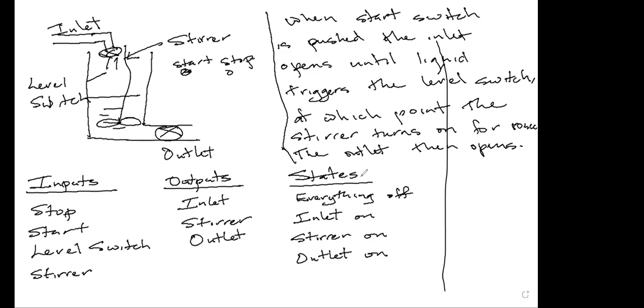And this part here, what I'm saying now is that we configure the system so that only the inlet alone can be on, the stirrer alone can be on, and the outlet alone can be on. We're not going to have a state where the stirrer and the outlet are operating together.